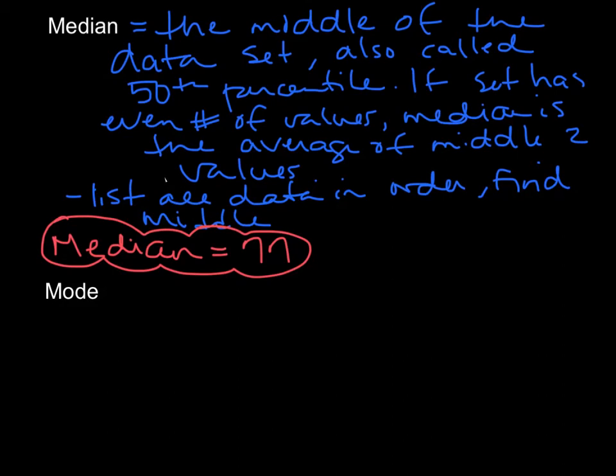In a second we've got to talk about this median versus the mean, because they came out different in this one. But let's quickly do the mode. That's an easy one. The mode is the value that occurs the most, with the greatest frequency.